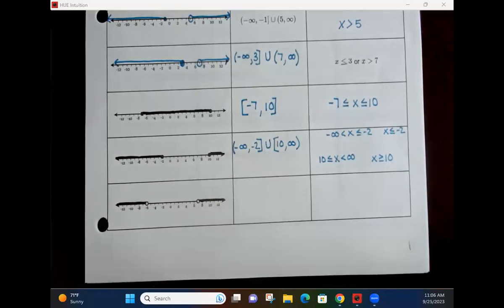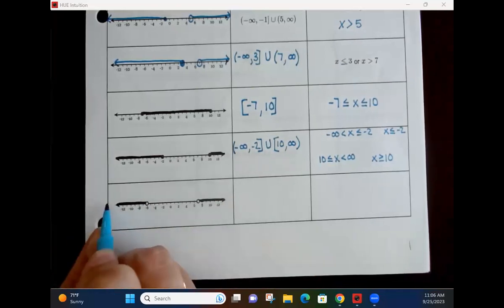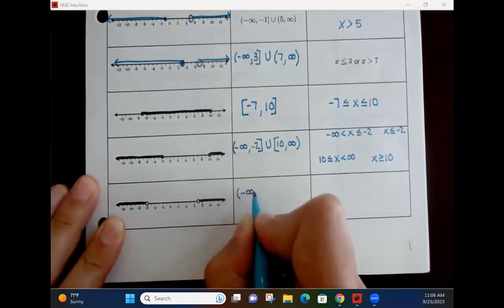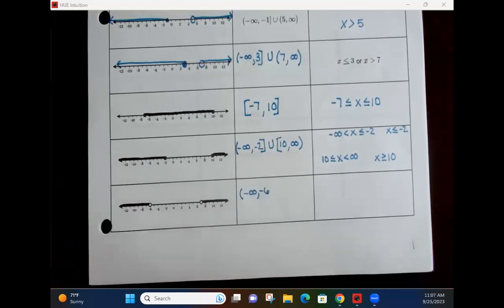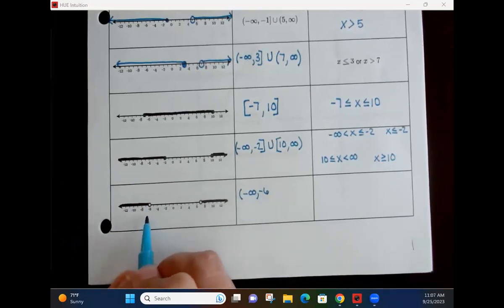And then our last one, interval notation. I'm going to have two pieces again. My first piece, since we're shading everything below -6, that means our interval would be negative infinity up to -6. There we go. Always a parenthesis at infinity or negative infinity. How about at -6 for this one?